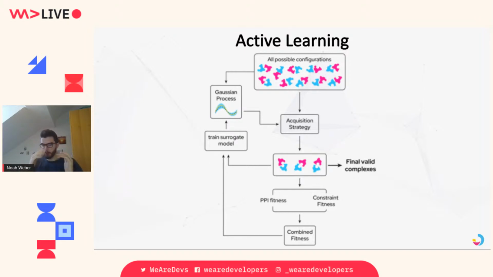What's essentially important to take from this is that the combined fitness, meaning the fitness of all the requirements, influences the decisions on the next potential examples of the final valid ternary complex. So it's a standard active learning loop with Bayesian optimization, but what's tricky about it is embedding all of these different requirements in this high dimensional space.